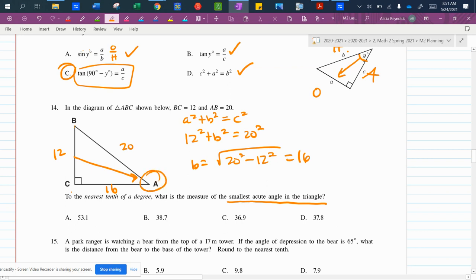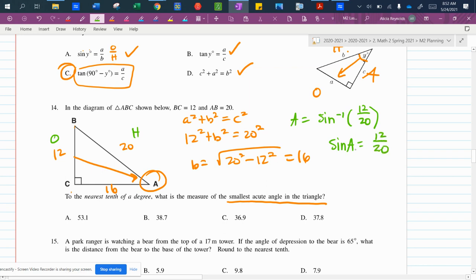So even if I didn't use this to find 16, I can find the measure of this angle because I know my opposite and hypotenuse side. I could use sine inverse of opposite over hypotenuse to find what A equals, because sine A is opposite over hypotenuse.